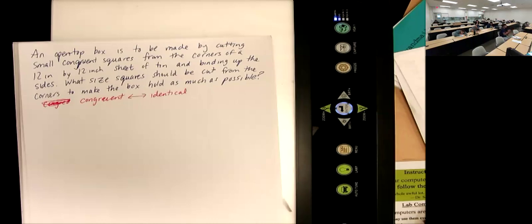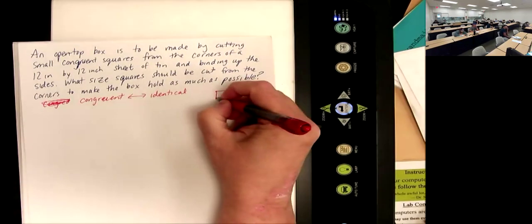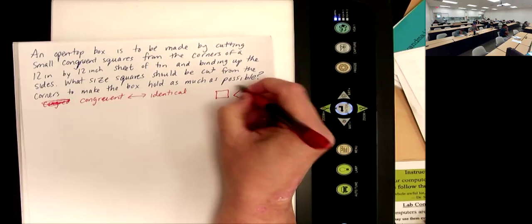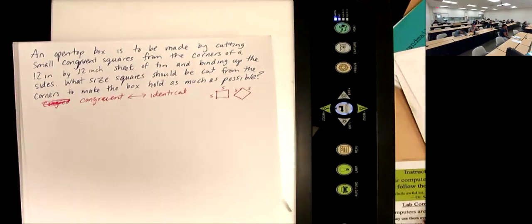They can be rotated. Assuming this is S and S and this is S and S, those are congruent squares, even if they are rotated. So rotation doesn't matter, but they just need to have the same size.